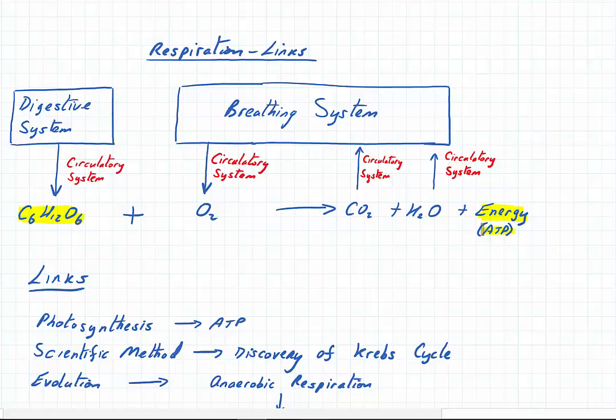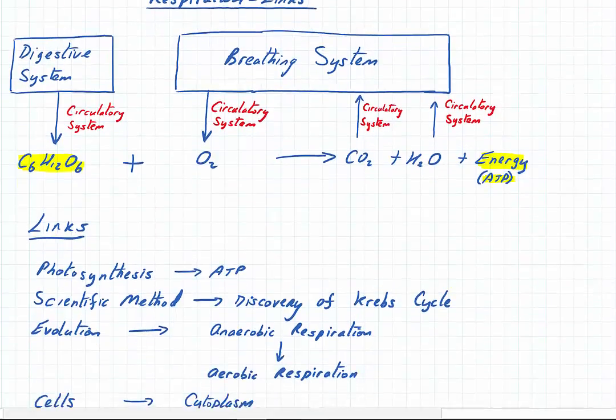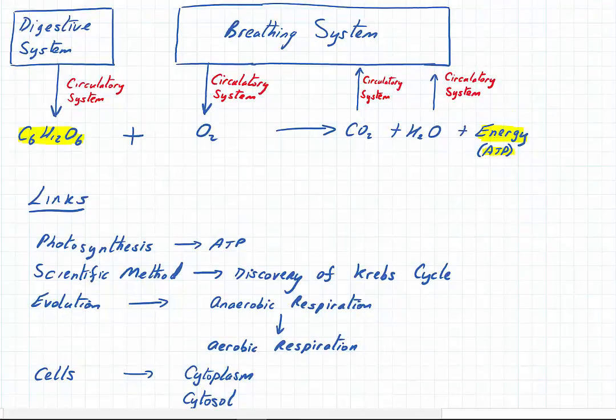Some other interesting links in your course that tie in with respiration. In photosynthesis, we studied ATP also. It's the same molecule. ATP is the universal molecule of energy for all living things. So no harm to have another look at photosynthesis. The scientific method: we'll be talking about the Krebs cycle in respiration.